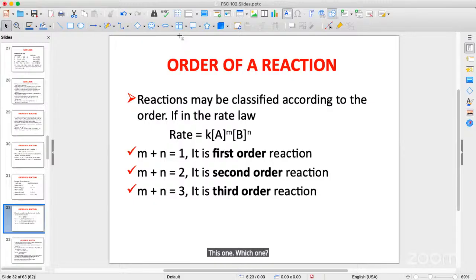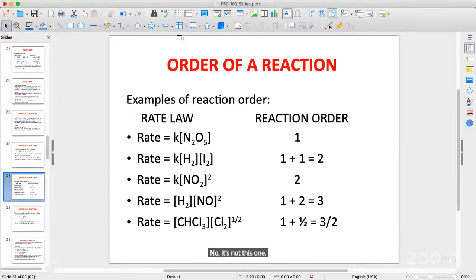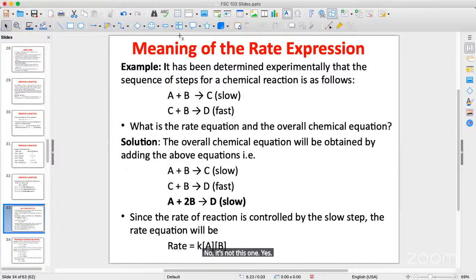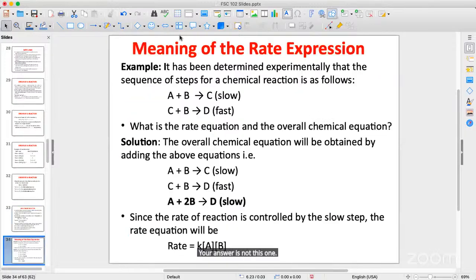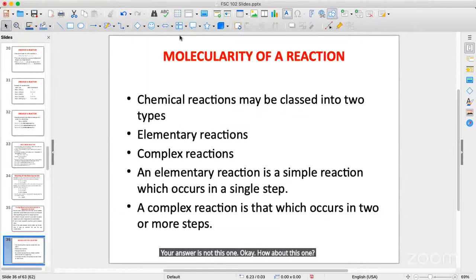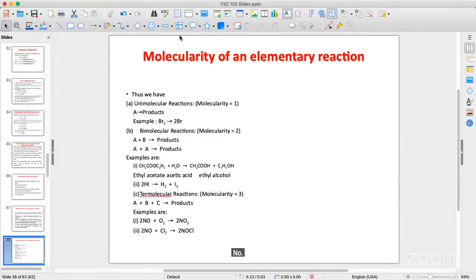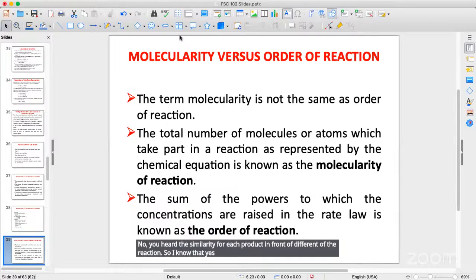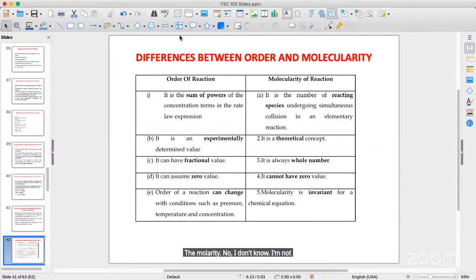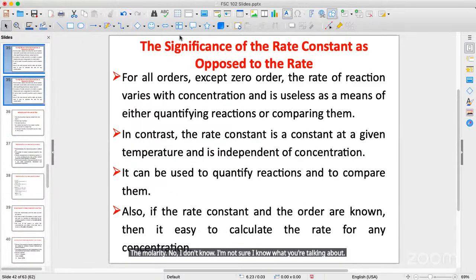No, it's not this one. No, you wrote the molarity for each product in front of the reaction, so I don't understand how you got that. I'm not sure I know what you're talking about. Okay, well, let's go up a little bit.